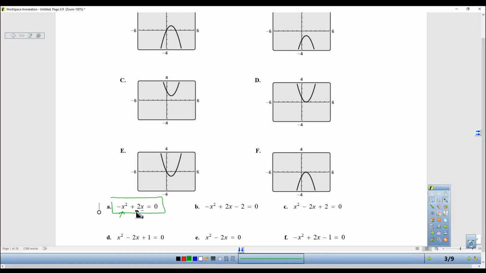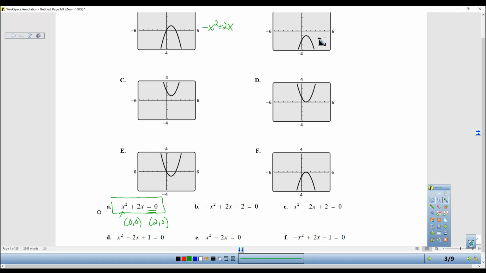So if you can find this graph, negative x squared plus 2x, you can tell me when it's equal to 0. So where was negative x squared plus 2x? Let's go back and actually label them. So A was negative x squared plus 2x. And we decided that those intercepts were at 0, 0, and 2, 0. Those are the two numbers that are going to solve this equation.